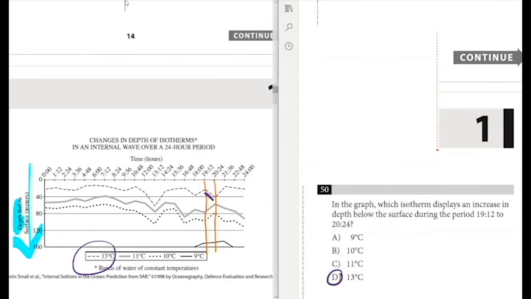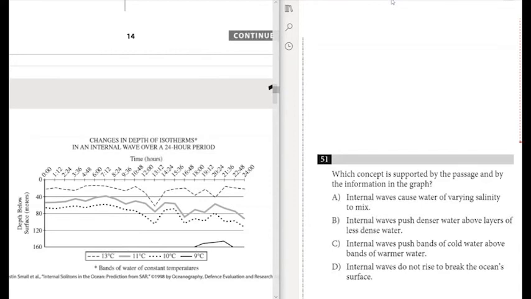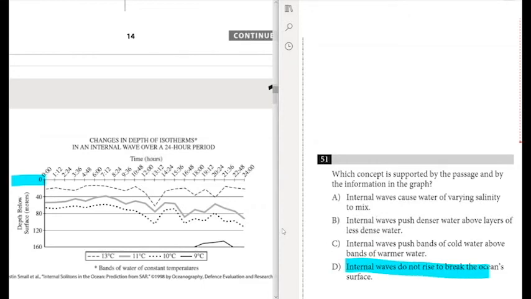Question 51. Which concept is supported by the passage and by the information in the graph? Well, looking at the graph, we see the idea that all of these internal waves only exist at a depth below 0. So, these internal waves do not rise to break the ocean's surface.